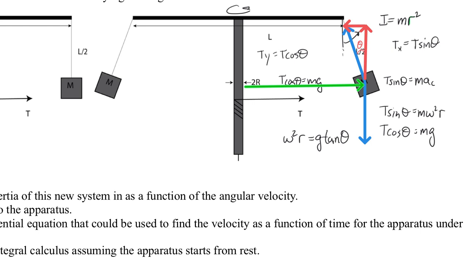Here's some more nitty gritty. Actually, let's use the other side for this. R is this distance. This part of R is L over 2, but this portion of R is L over 2 sine theta.